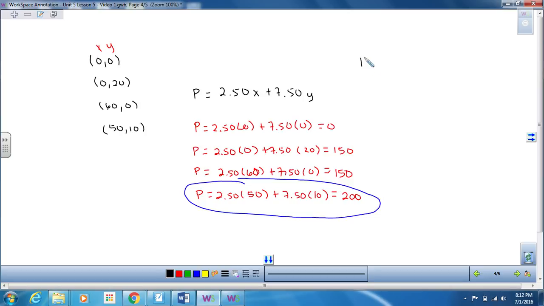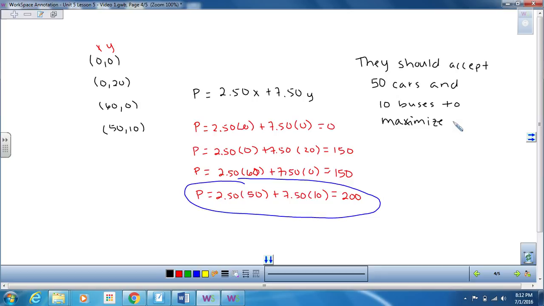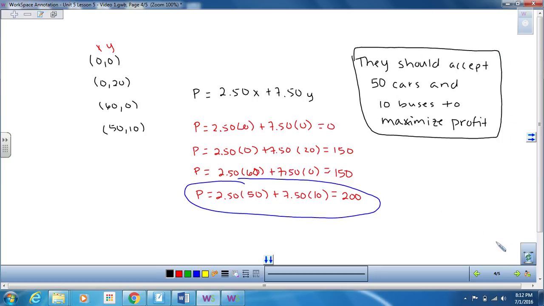Okay, so they should accept 50 cars and 10 buses to maximize profit, or as they say, income. Okay, so that is the final answer.